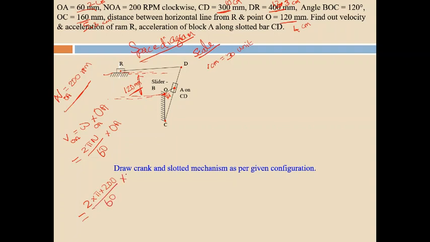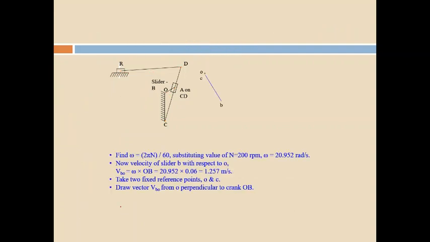The OA length is 60 mm, which you have to write in meters, 0.06 meter. So you get around 0.4 into pi. So we got 1.257 meter per second.